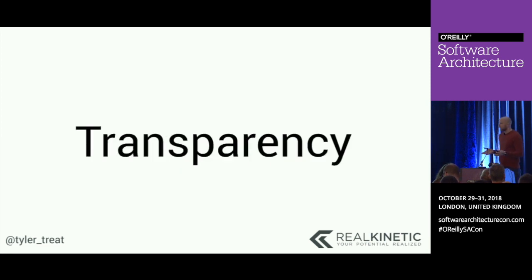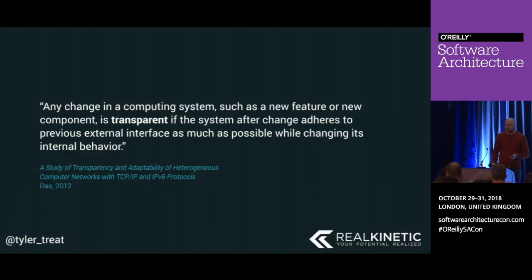I want to talk about this idea of transparency within human-computer interaction, and specifically as it relates to distributed systems and to UX. Transparency is this idea that any change in a computing system, like a new feature or a new component, is called transparent if the system after the change adheres to the previous external interface as much as possible while changing its internal behavior.